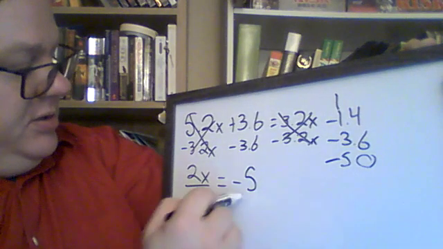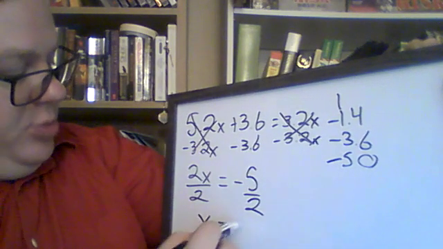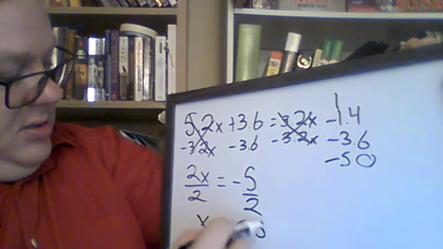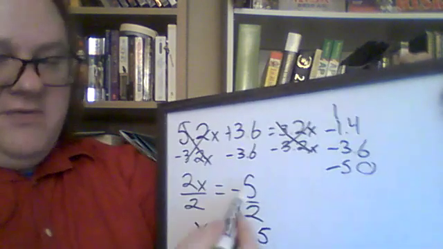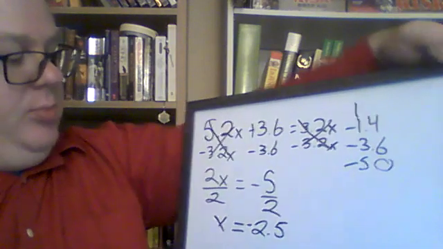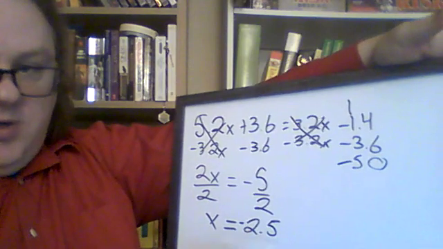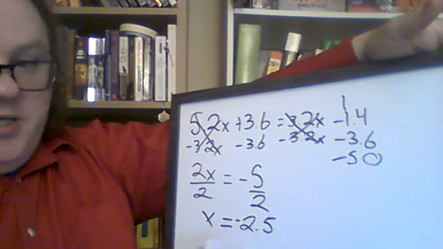Divide by 2. Divide by 2. x equals negative 2.5. Or we could leave it as negative 5 halves. But since they were dealing with decimals up here, we're going to keep using the same terms they used. So we can put it as negative 2.5.